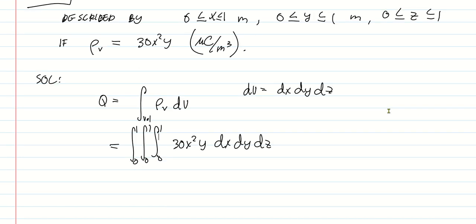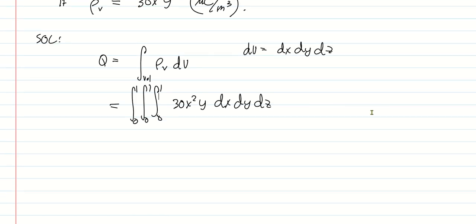So it's just a cube volume. To determine the total charge in that volume, we distribute this charge density over the volume, so we multiply the density by the volume to solve for the total charge.